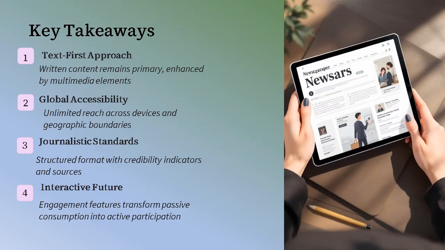So we arrived at the conclusion of today's lecture. We have said that there are some key characteristics of print digital media: a text-first approach, global accessibility, journalistic standards, and interactive features.